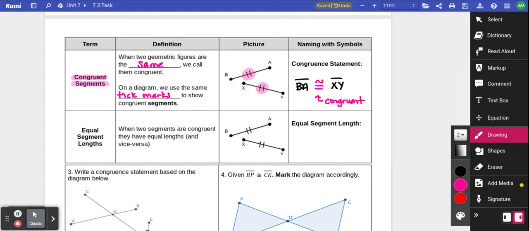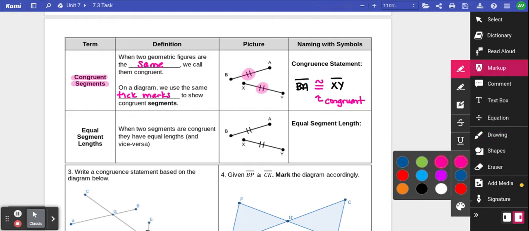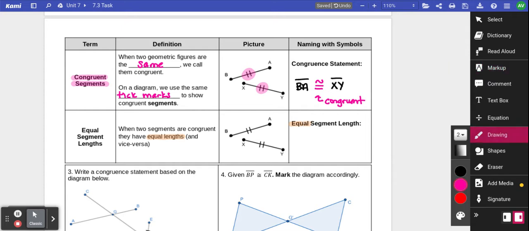Now, when two segments are congruent, we know that they have the same length. So two segments are going to be congruent when you measure them and they have equal lengths. In order to show that the lengths are equal, we don't use the congruent symbol. We say that the length of BA, and you'll notice I did not write the segment symbol on the top, is equal to the length of XY.